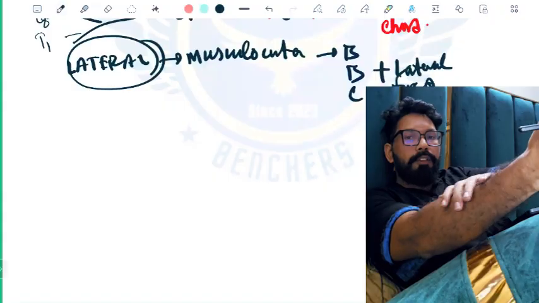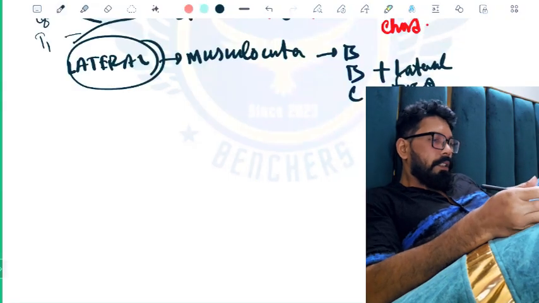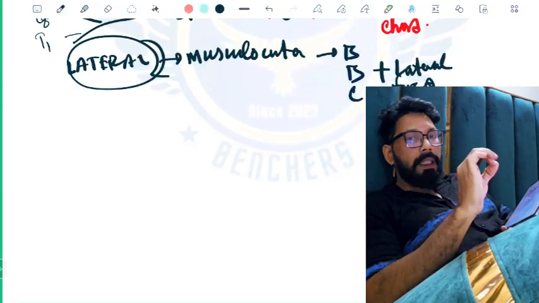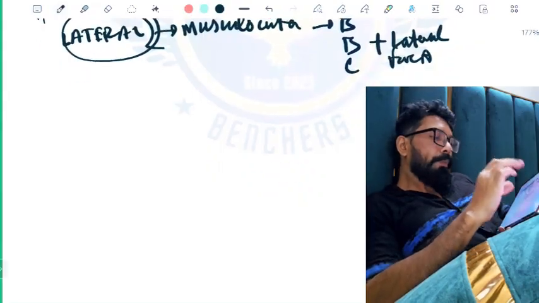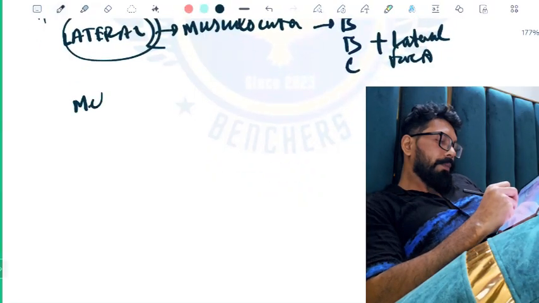So this is a perfectly named lateral cord. Then we have the medial cord.